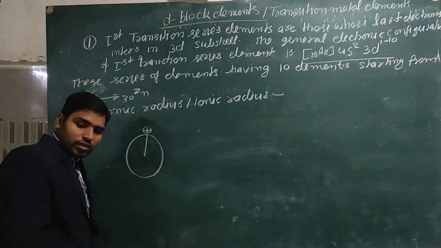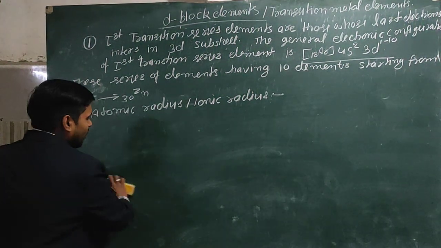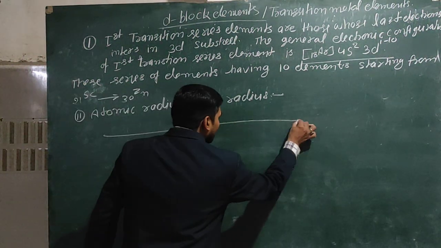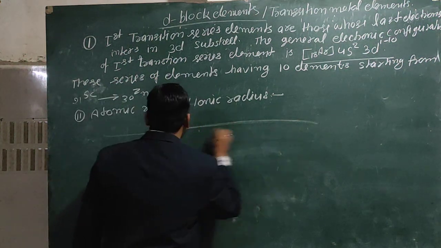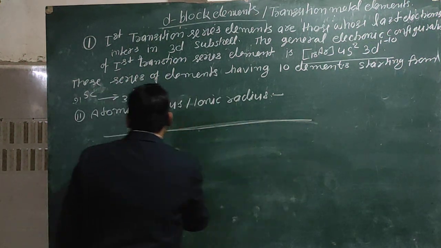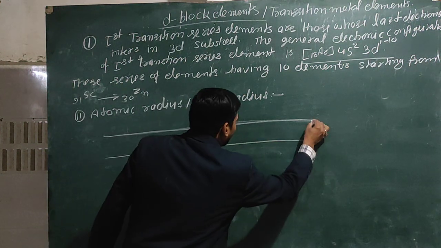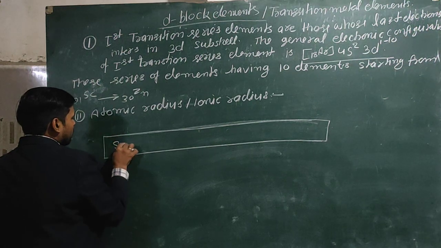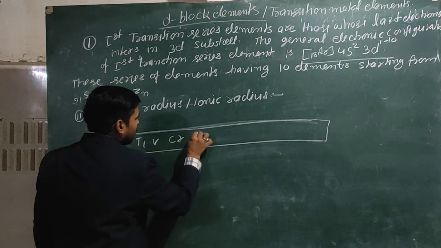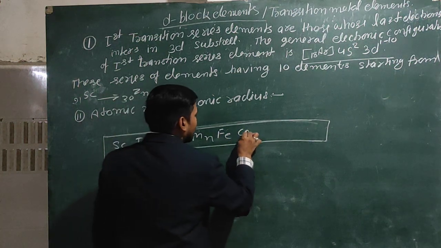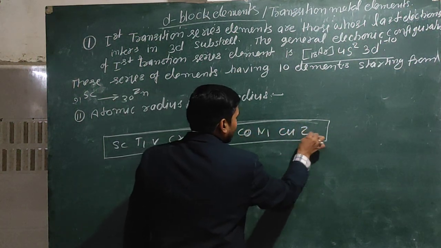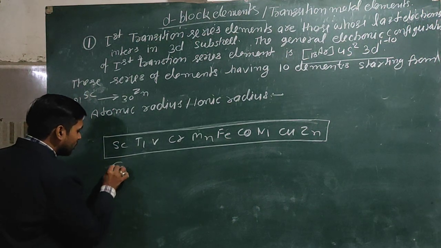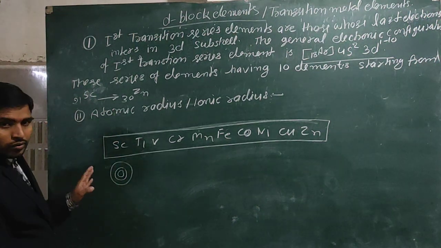What is the discussion about radius? You can explain it. All the 3d transition series elements are present in the fourth period, and you can see all these elements contain only 4 shells.